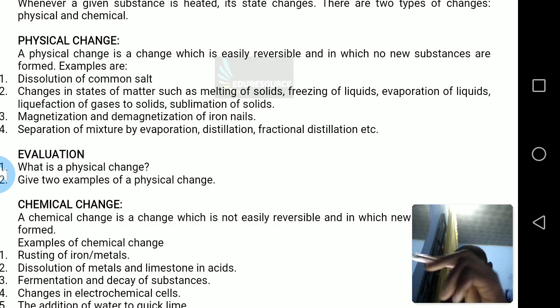Listen very well. It's called liquefaction, and it is typically achieved by increasing the pressure and decreasing the temperature of the gas, causing the molecules to slow down and come closer together, eventually turning into liquid.